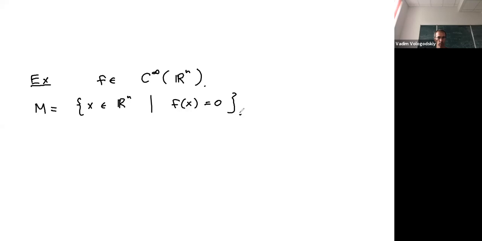So this is a closed subset in R^n, so in particular it's a topological space. So I'm going to construct a smooth structure on this M. Well, in fact, in general, this is not even a topological manifold. So let's assume the following.